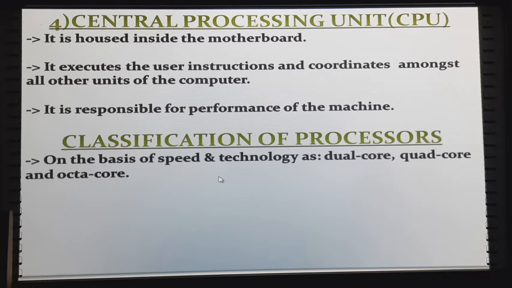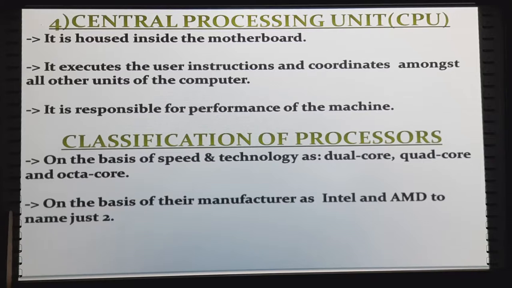So remember these points. First, the classification of processor is based on the speed with which it performs the operation and the technology that has been used. It is generally categorized as dual core, quad core and octa core. Then the next classification is on the basis of their manufacturer, the organization which manufactures the processor.